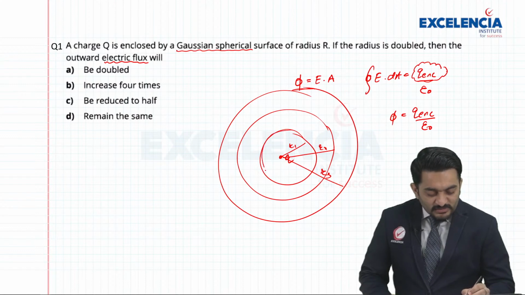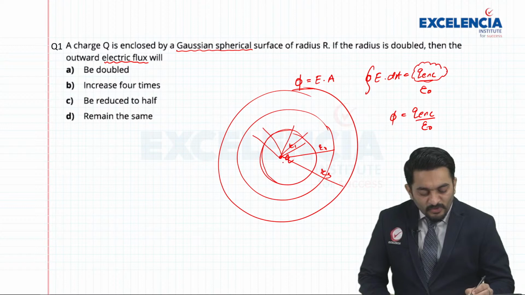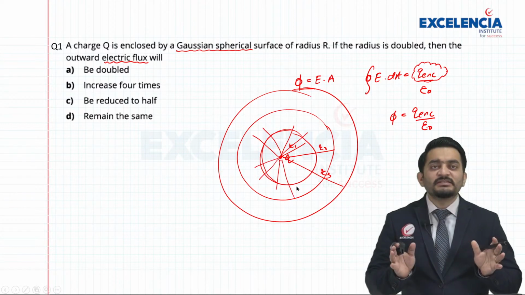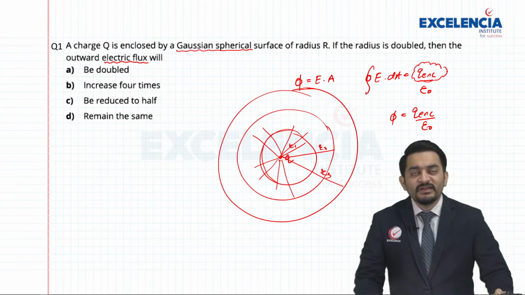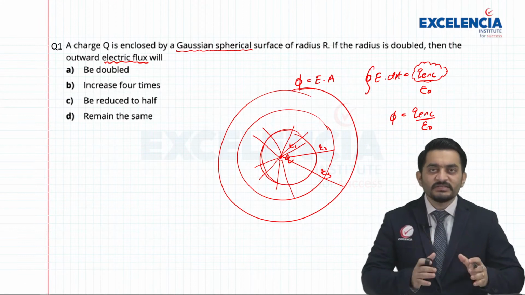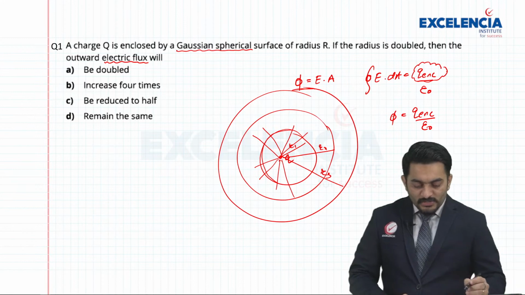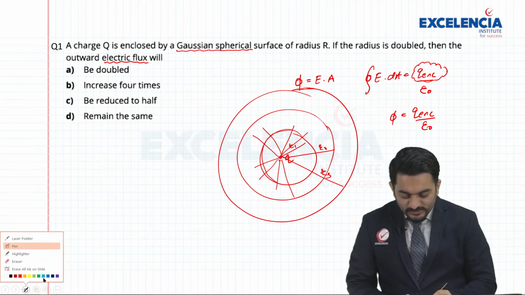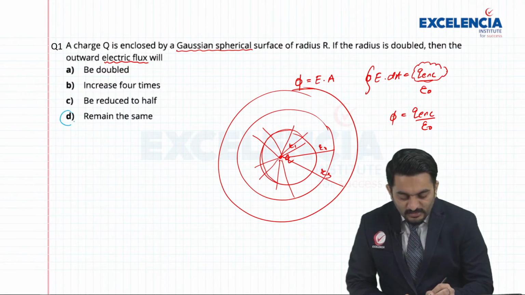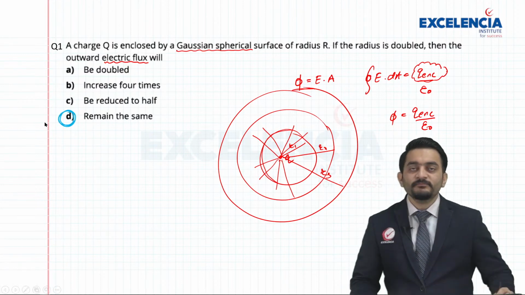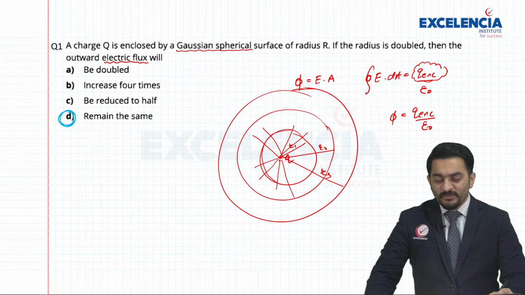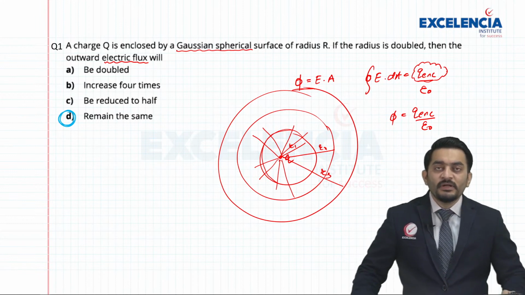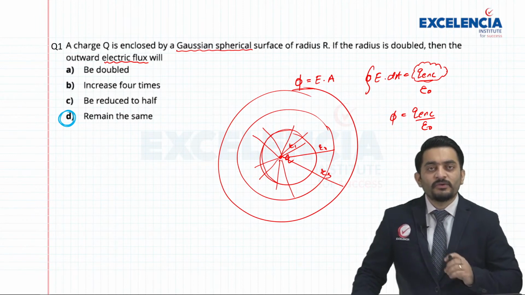Definitely for a smaller circle the field lines will be much closer, and as you move away from the charge the spacing between field lines will increase, but the field lines passing through the first, second and third circle will remain the same. So without any doubt, the correct answer for this question is that it remains the same. All the other options will be wrong.